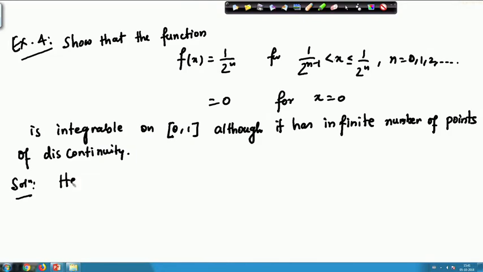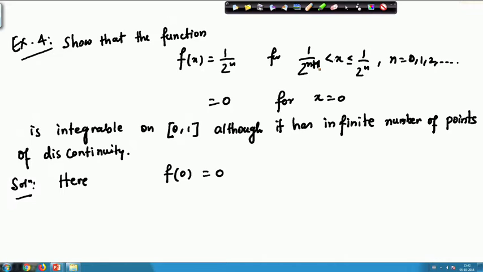So, let us see whether it has infinite number of discontinuities or not. First of all, f(0) is 0. Sorry, here it is 2 to the power n plus 1 to 2 to the power n. So, there was a small correction.